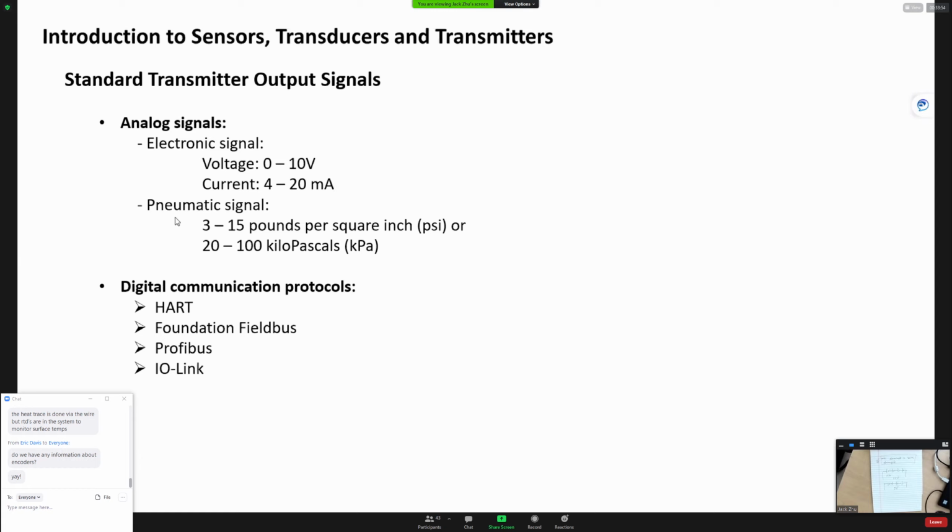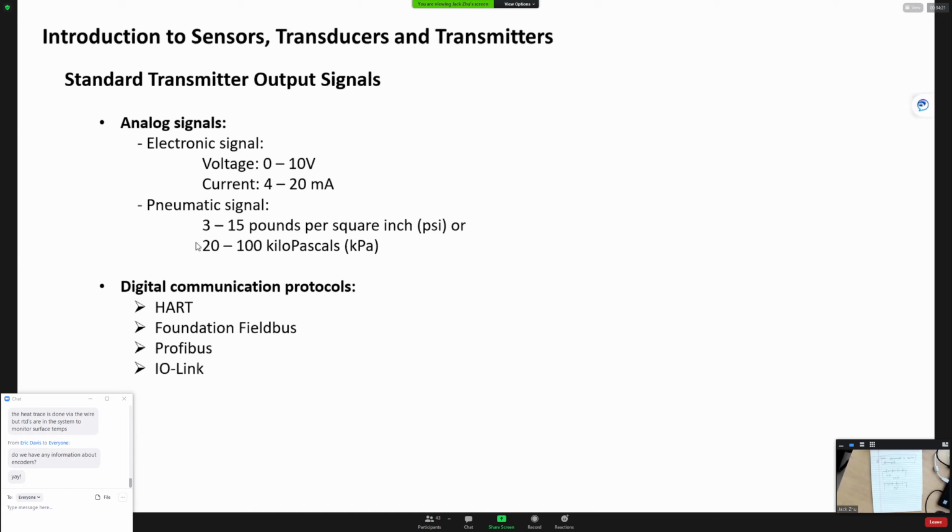Another one we're using, in lots of industrial, they use a pneumatic signal. So pneumatic signal is the pressure. So 3 to 15 PSI. PSI means pounds per square inch. In module 3, we're going to talk about lots of pressure sensors, everything. 3 to 15 PSI or 20 to 100 kilopascals.